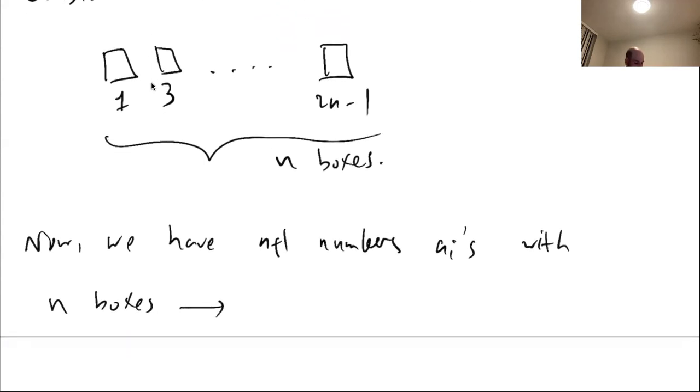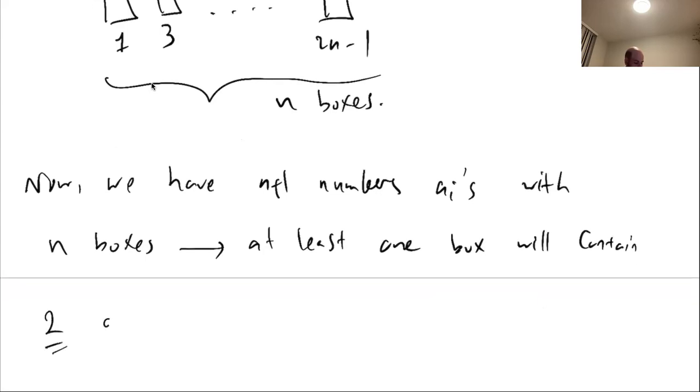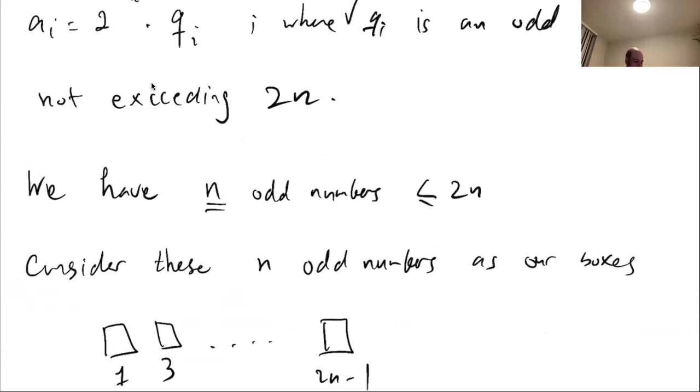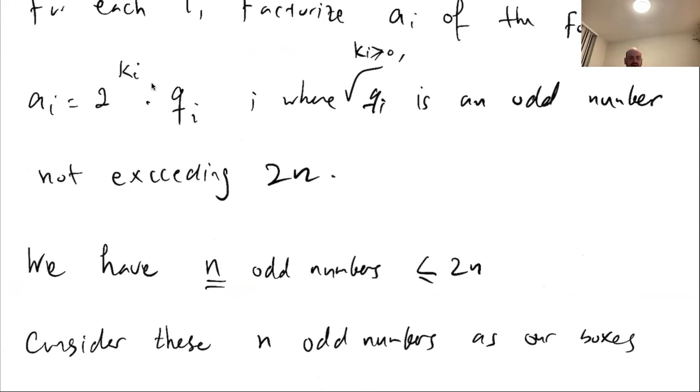So that means at least one box will contain 2 QIs. Remember, for each AI we have 1 QI.